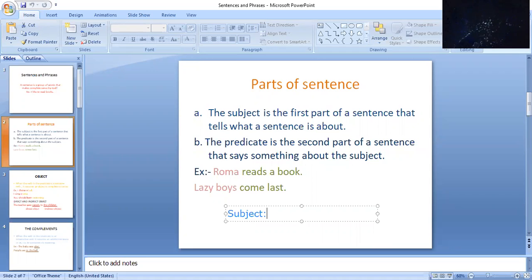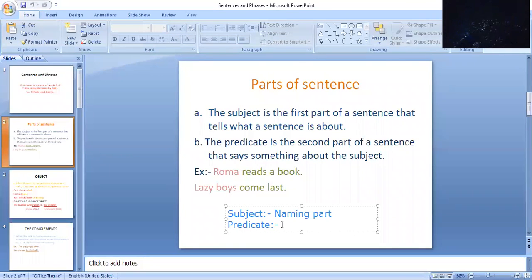Subject and predicate. Now you can ask, ma'am, what is subject? Subject is the naming part of the sentence.